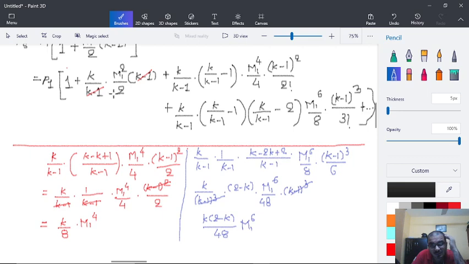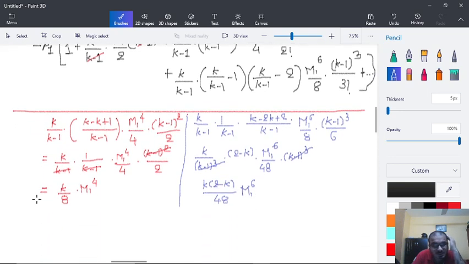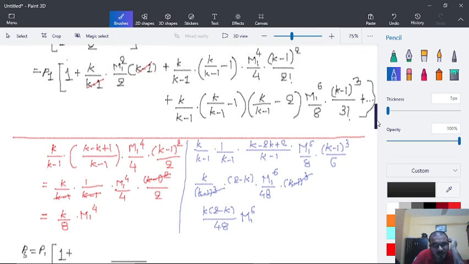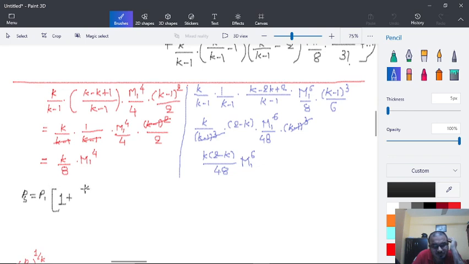So we will be putting all this into our main equation, that is ps is equal to p1 into 1 plus k by 2 m1 square plus k upon 8 m1 raised to 4 plus k into 2 minus k divided by 48 m1 raised to 6.